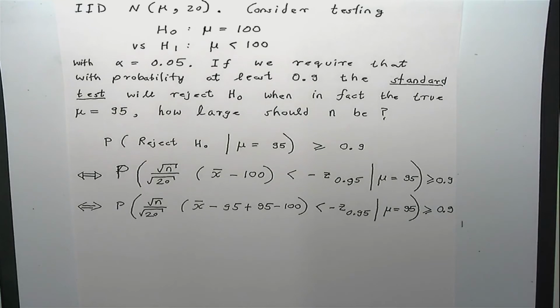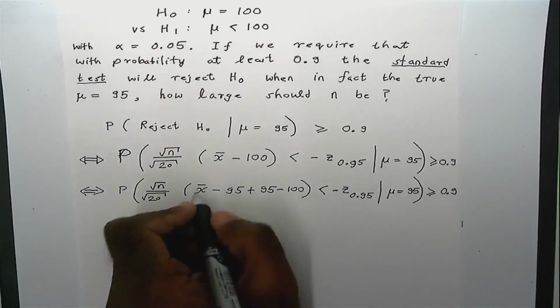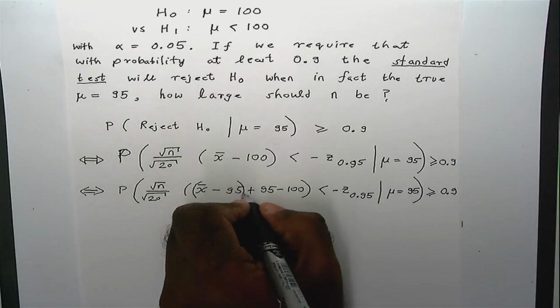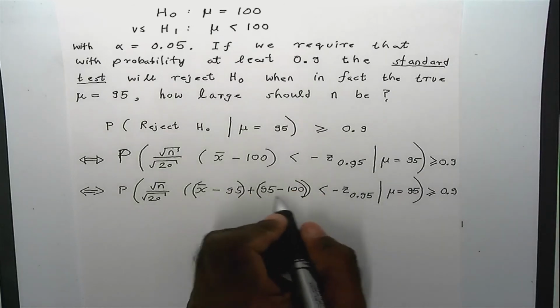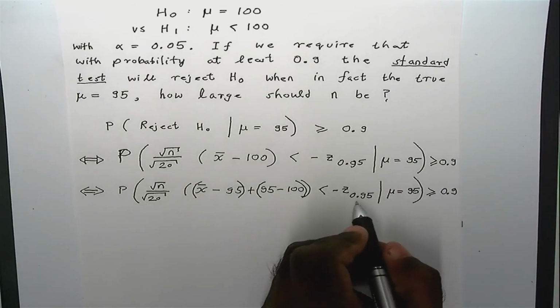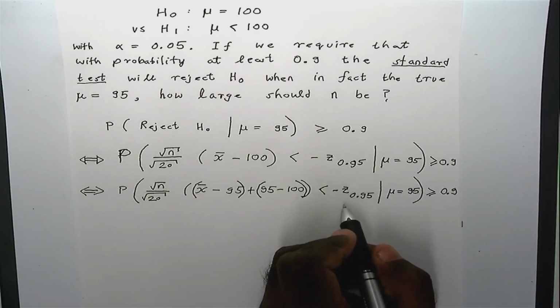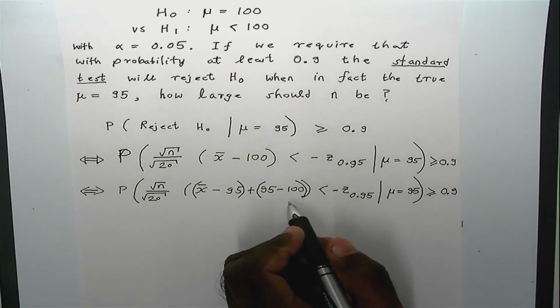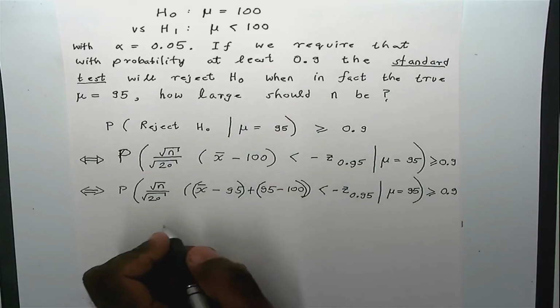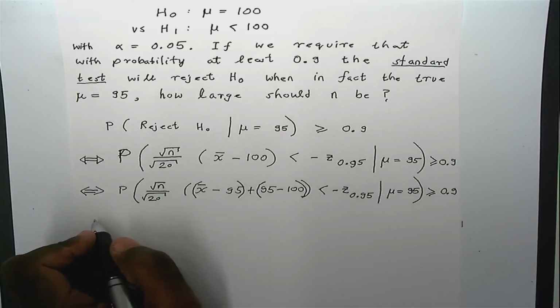Now I'm going to group this as I did before, and I'm going to take the second term, this one, to the right hand side, right? So if you do that, you will get the following.